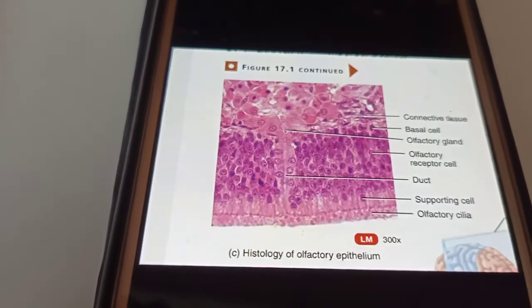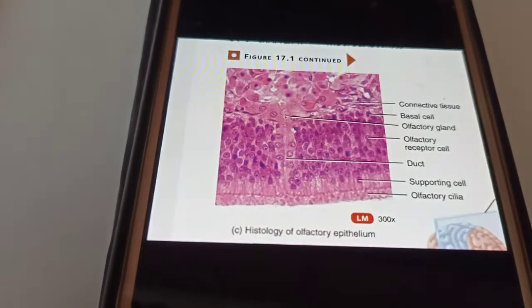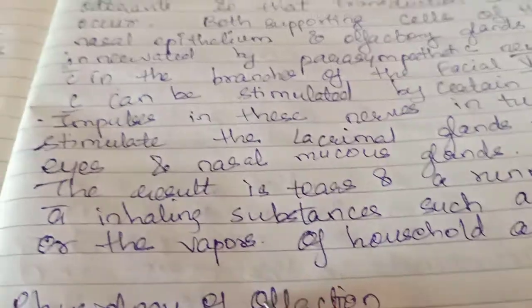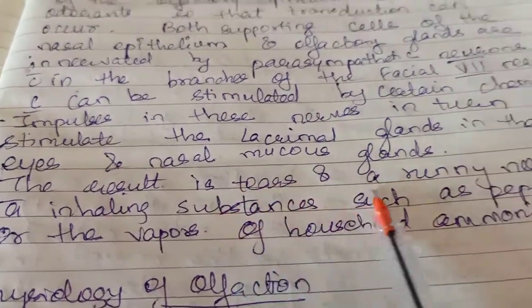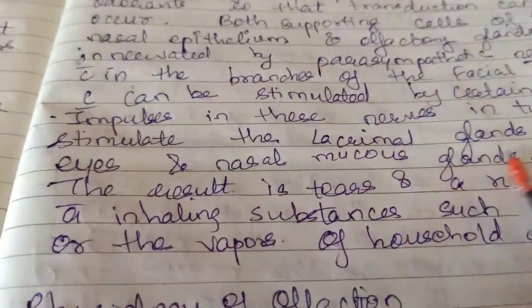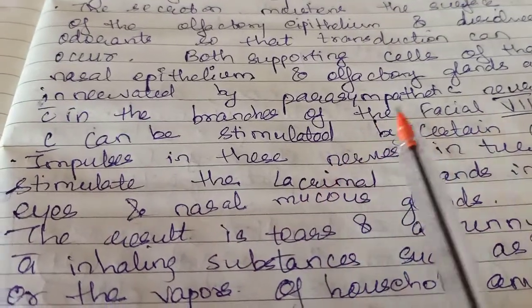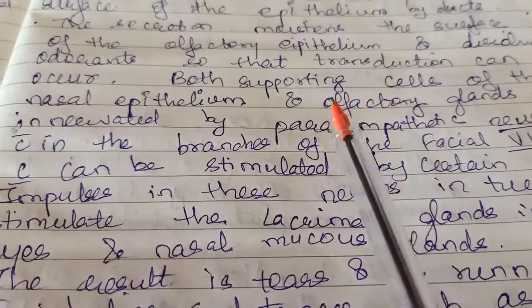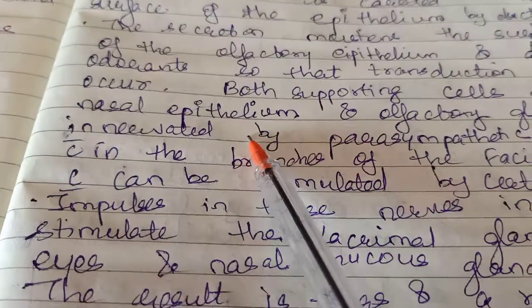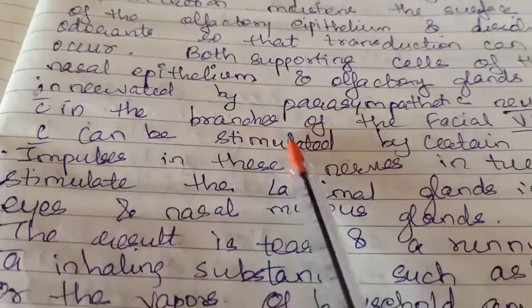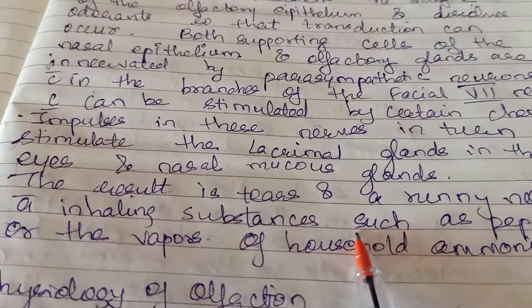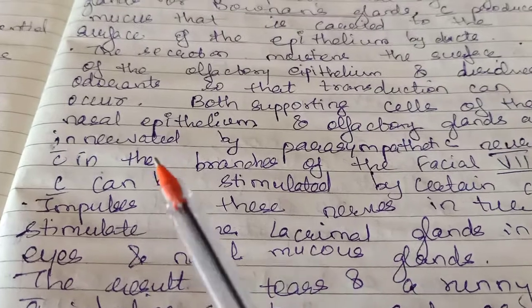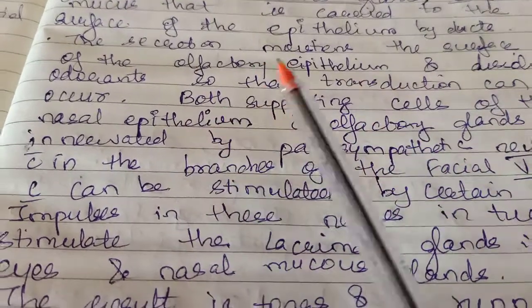So when you inhale a very strong odor like pepper or household ammonia, you get tears in the eyes and discharge from the nose. The parasympathetic nerves supplying the olfactory glands and the nasal epithelium are stimulated when strong substances such as pepper and vapors of household ammonia are received by your olfactory epithelium.